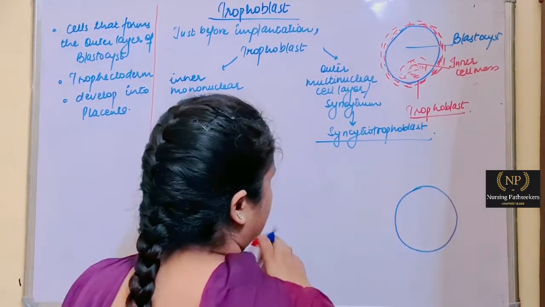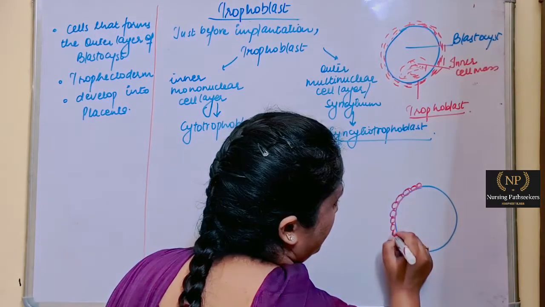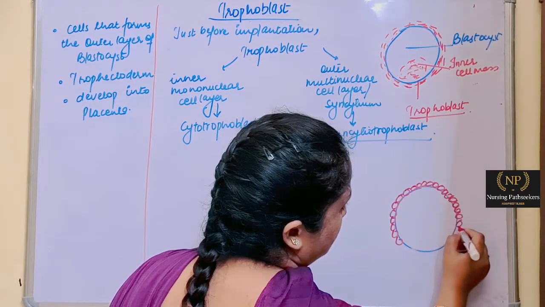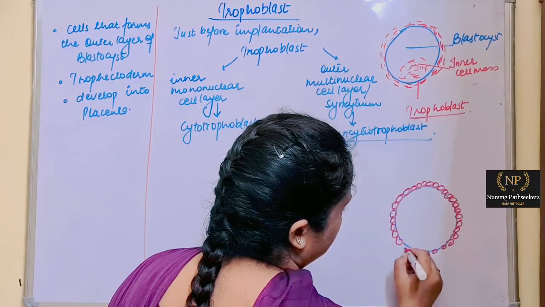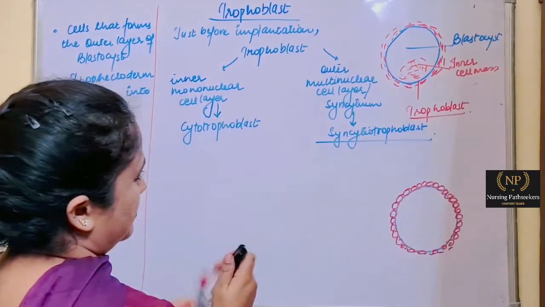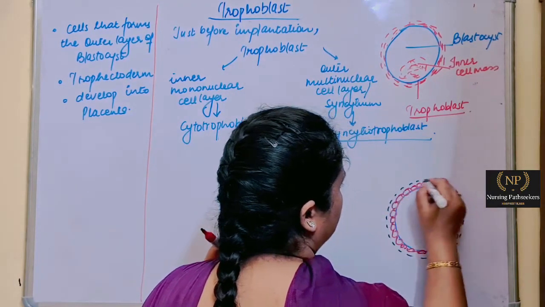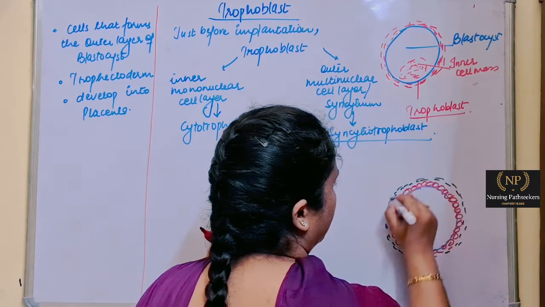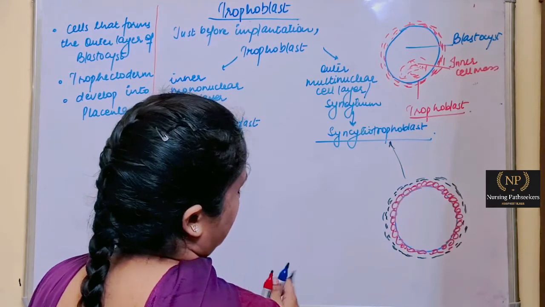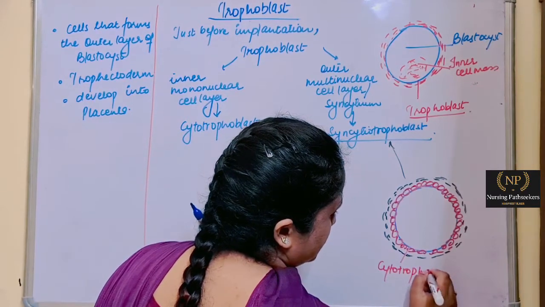Now let's see. This is the blastocyst and these red ones are the inner mononuclear cell layer, and the outer one is the syncytiotrophoblast and the inner one is the cytotrophoblast.